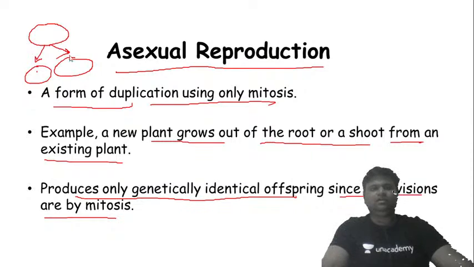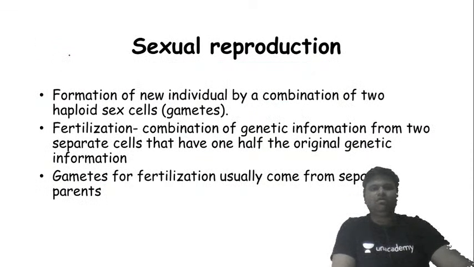Next, there is the case of sexual reproduction, where formation of new individuals occurs by combination of two haploid sex cells, or the sex gametes. One is from the male progeny, the other one is from the female progeny.